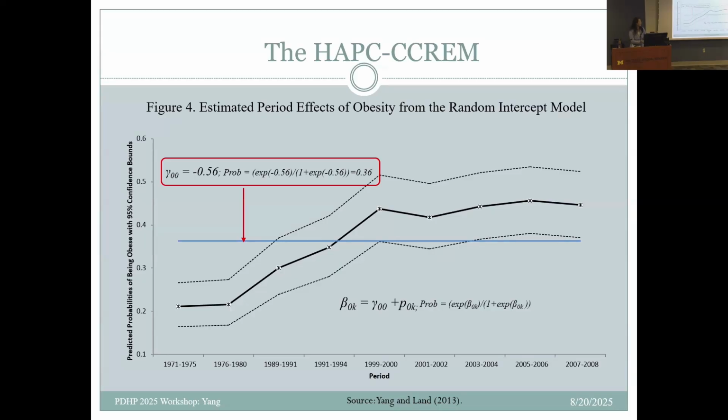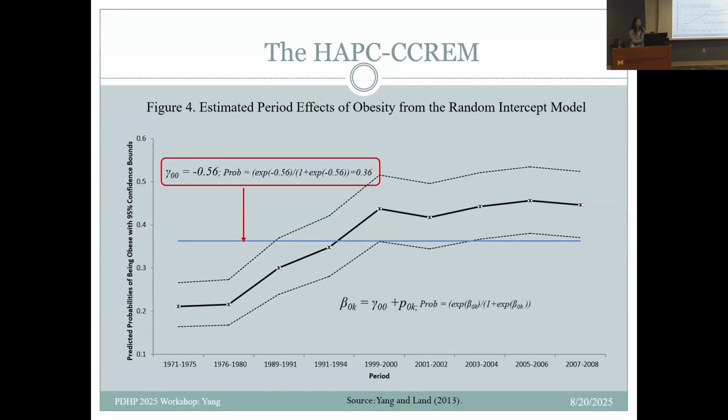So as you can see, the period random effect shows up as a deviation from this adjusted mean for each period. So the calculation goes: beta 0K, which is the period obesity effect, is gamma 0, this adjusted mean, plus P0K, which is the period random effect coefficient.